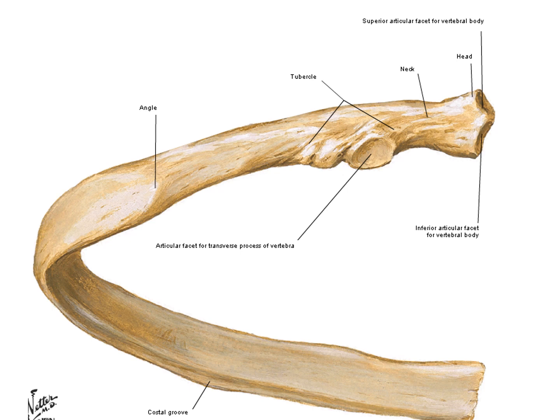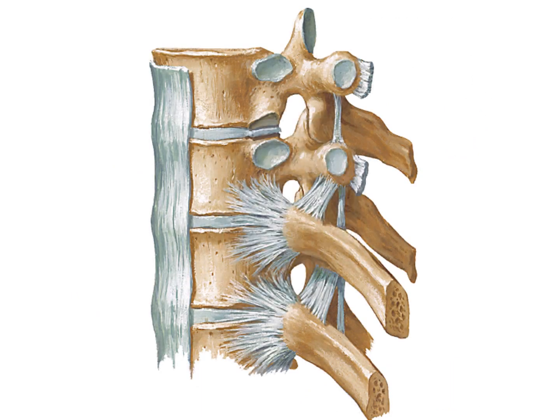So this is a typical rib. Any feature which is missing makes the rib atypical. These are the facets in the thoracic vertebra to which the head is attached, and here is where the transverse process is attached.